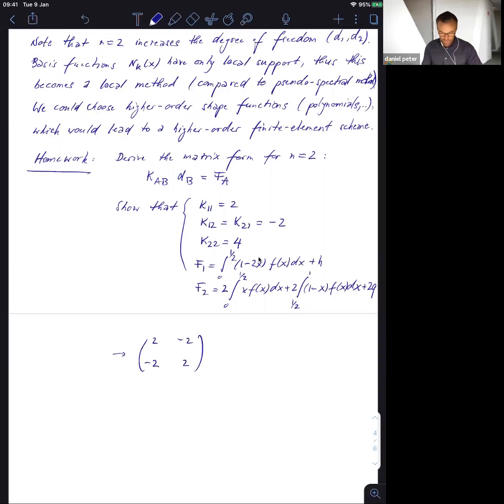This is our stiffness matrix, the 2 degrees of freedom, d1, d2, 2 coefficients, is equal then to these expressions for f1 and f2. So do that as a little homework with a piece of paper and a pencil. Just figure out why k11 is 2, why k12 becomes -2, etc. Is that okay?